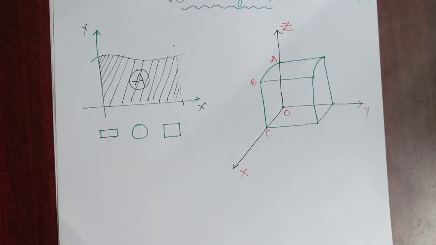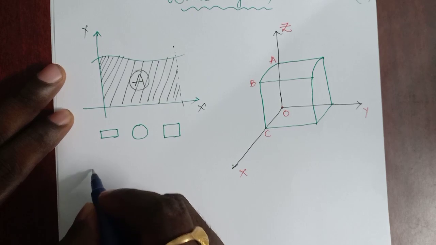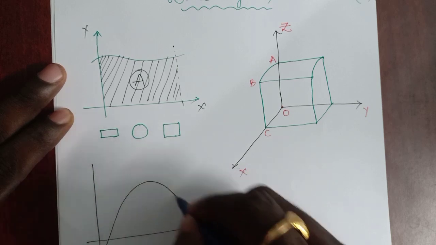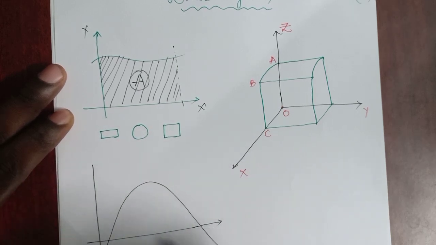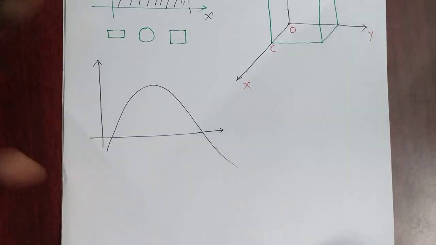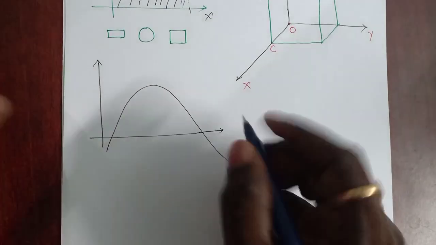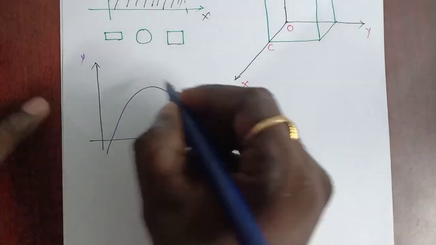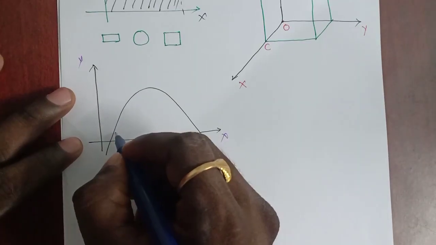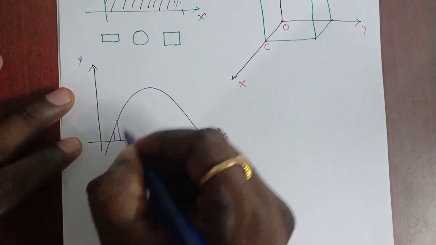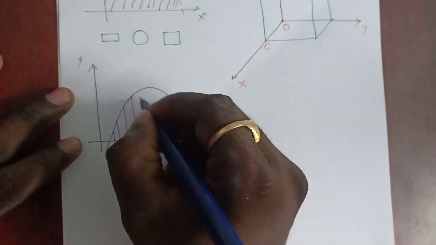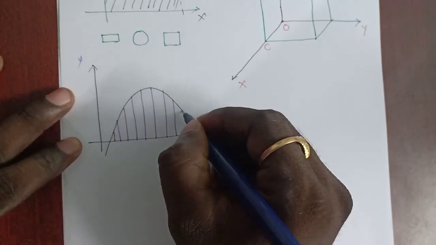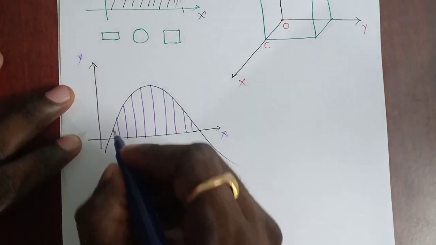Now, what I am trying to do is, suppose it is a curve and we need to find the area under this curve. I make this curve into small rectangular pieces like this, very small.